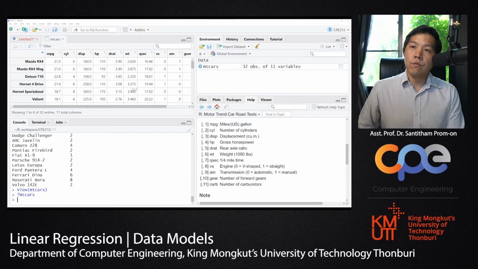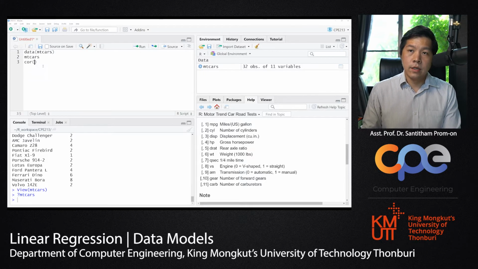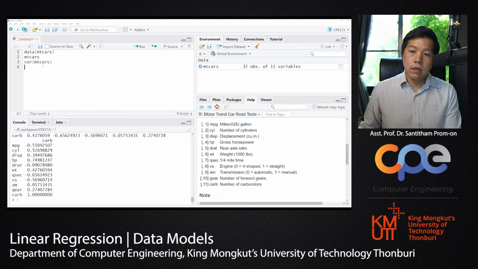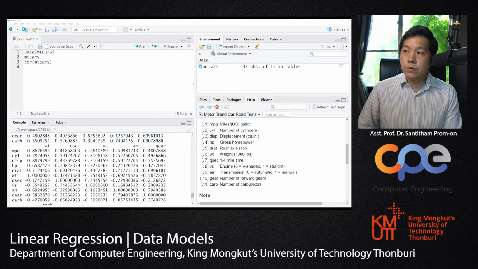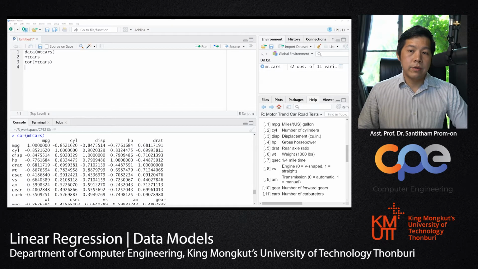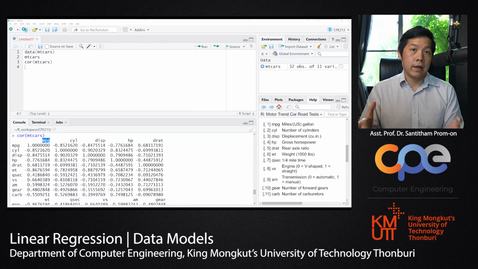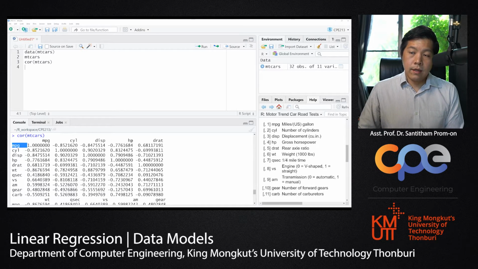Now we will first determine the correlation or association between variables here. So what we can do is use cor on mtcars. Correlation on mtcars will give you this matrix. This is the matrix of association between one variable and another variable. You can see that MPG and MPG perfectly correlate with one another. That's for sure, right? Its own value. And MPG is negatively correlated with horsepower.